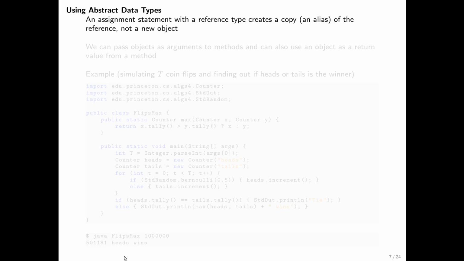Now, just like what we had before with arrays, when you make an assignment statement with a reference type, what you have is a copy of the reference and not a new object. Okay, so if A and B are two objects, then when you say A equals B, you're simply aliasing.